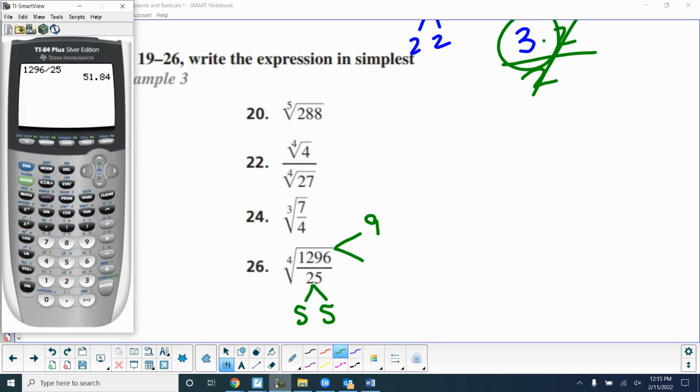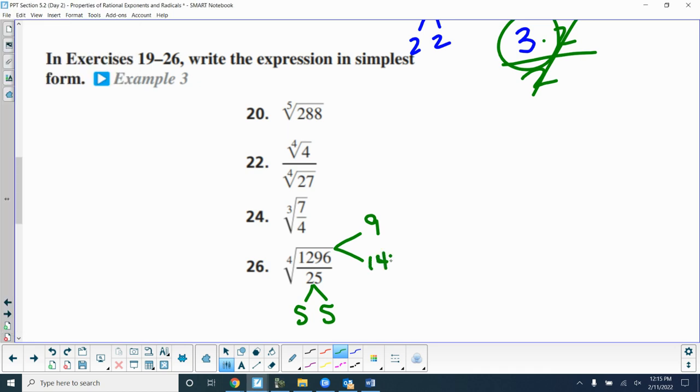And what is that? 1296. 144. Okay. And then 3 times 3. 12 times 12. 3 times 4. 4 times 3. 2 times 2.